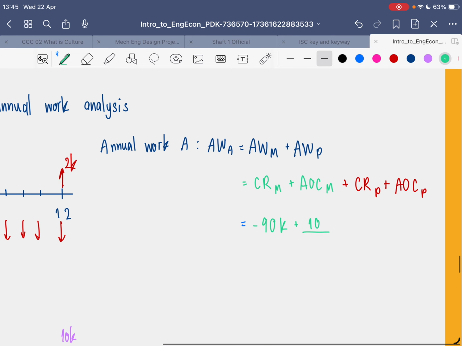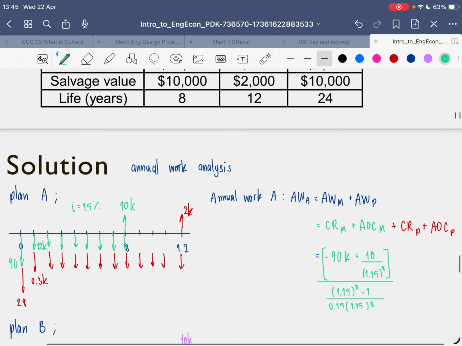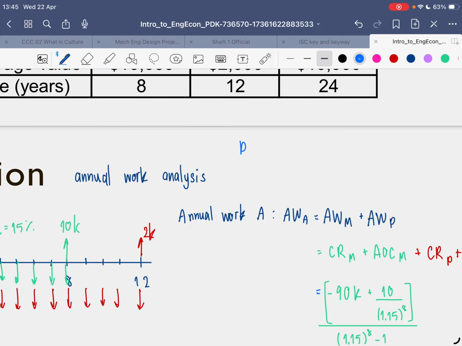And then I divide this whole thing by 1.15 to the power of X minus 1 divided by 0.15, 1.15 to the power of A. Keep putting note here: P is equal to A multiplied with 1 plus I to the power of n minus 1 over I times 1 plus I to the power of n.